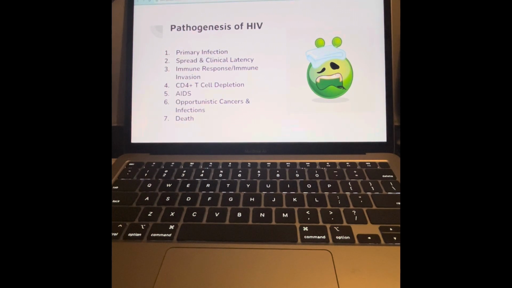The hallmark of HIV is the progressive depletion of CD4 plus T cells, and this renders the host susceptible to opportunistic cancers and infections. This development usually takes between 8 and 10 years without treatment.